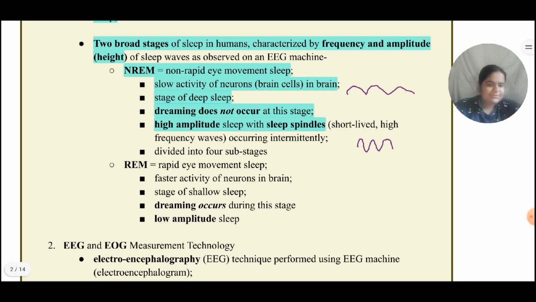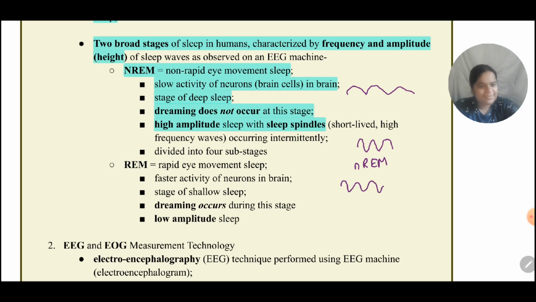Now this stage of sleep, like we are seeing, one, there is low frequency, the waves occur slowly, and secondly, there is high amplitude. So there's good coordination of the neurons that are working, but that does not mean that it is continuously or consistently this way. When we have NREM stage of sleep and we are seeing the output on the EEG monitor, no doubt we'll be seeing these slow waves occurring.